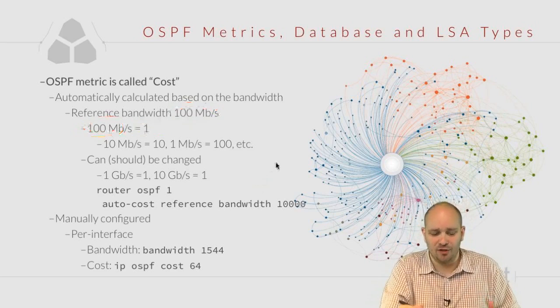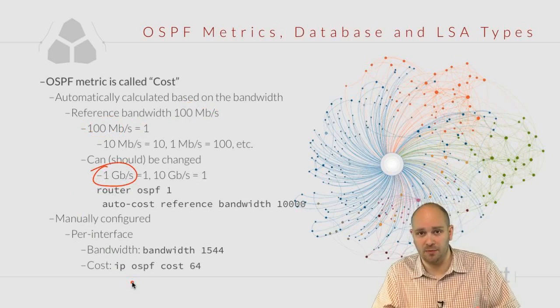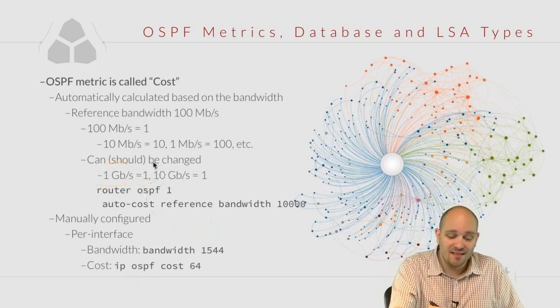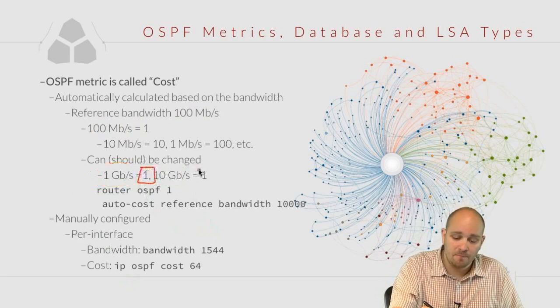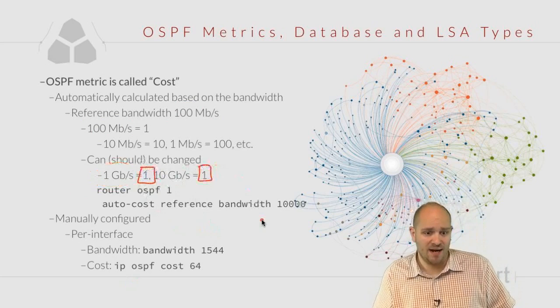The side effect is that even if we had an interface that has 1 gigabit per second bandwidth, or let's say 10 gigabits per second, these would still be perceived by OSPF as having cost 1 by default.